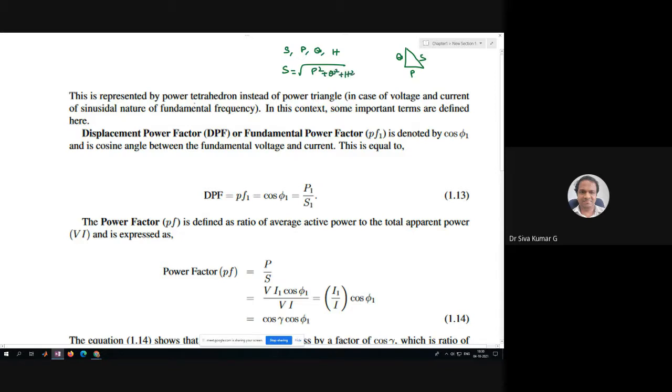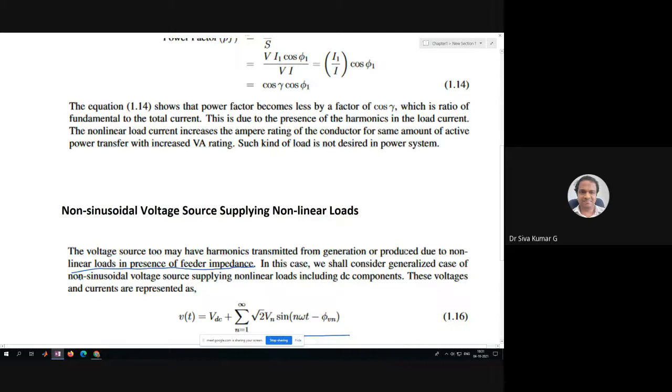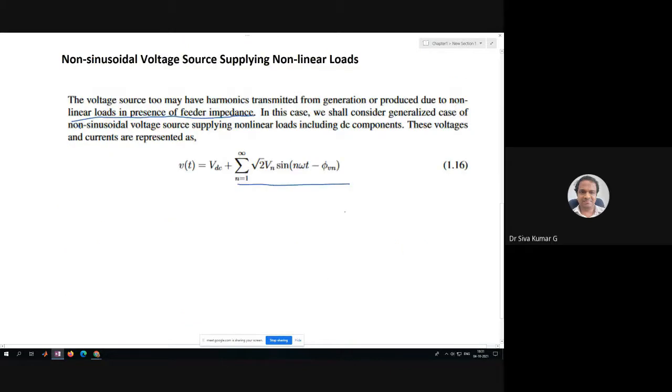This S is represented by a power tetrahedron instead of the power triangle, in a three-dimensional space. I am not able to depict it properly.